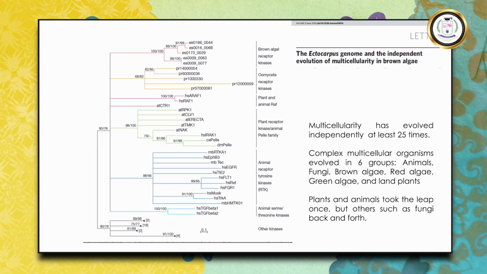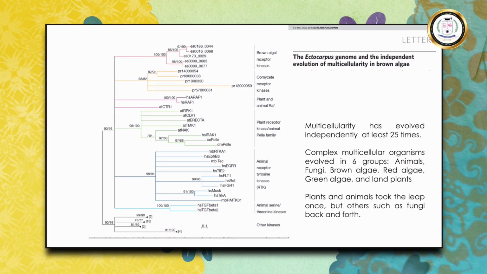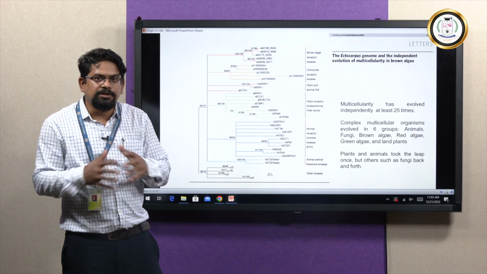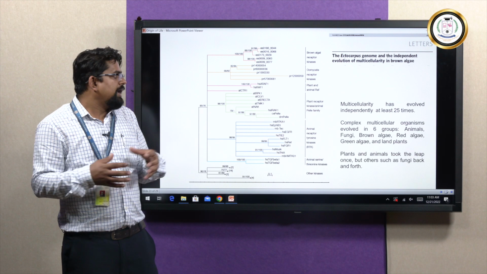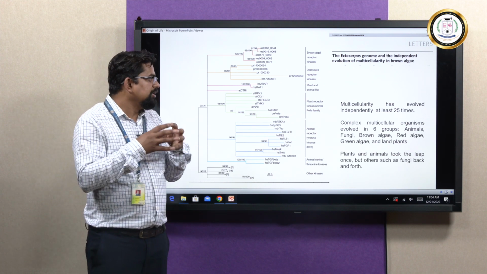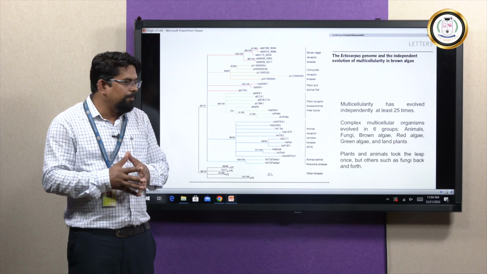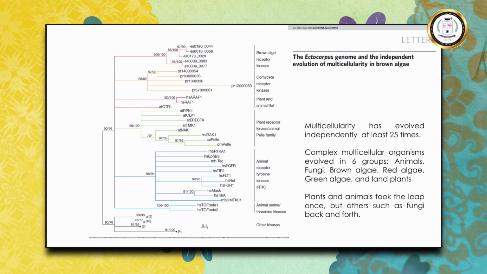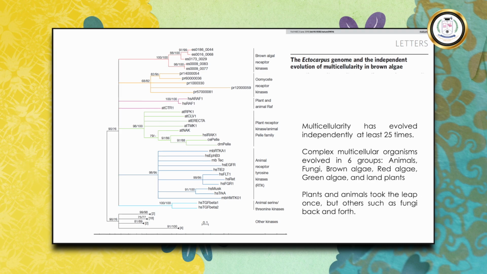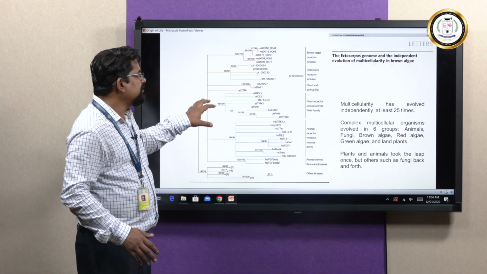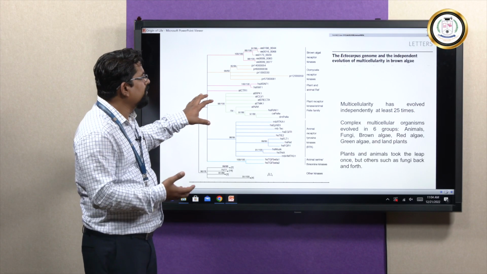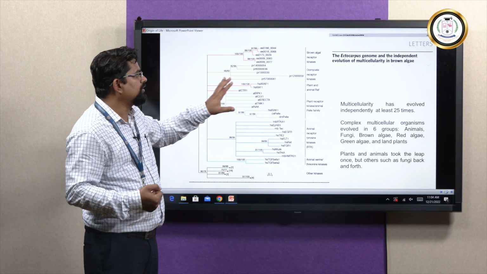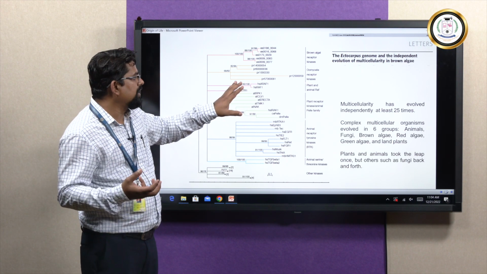When we talk about multicellularity, it has evolved at least 25 times across life forms, and in at least 6 different groups: animals, fungi, brown algae, red algae, green algae, and the land plants. A very famous paper came in 2010 on the brown algae Ectocarpus, which is a filamentous brown algae.